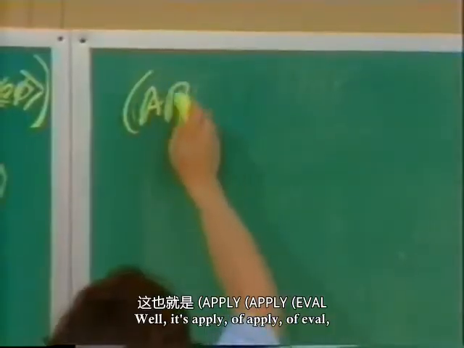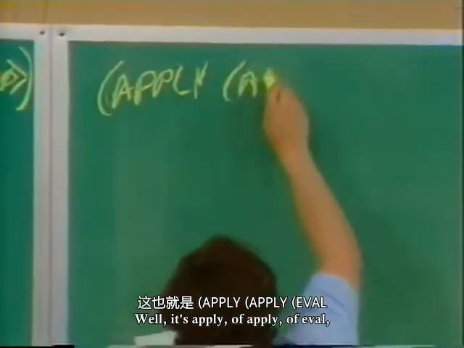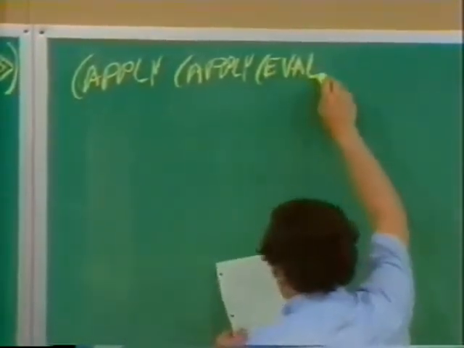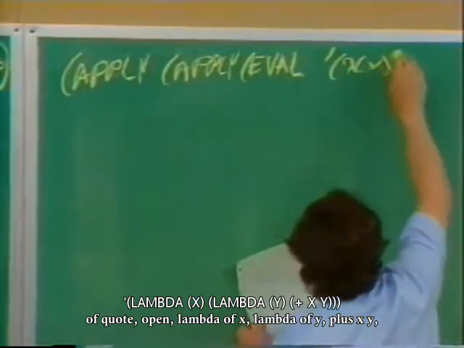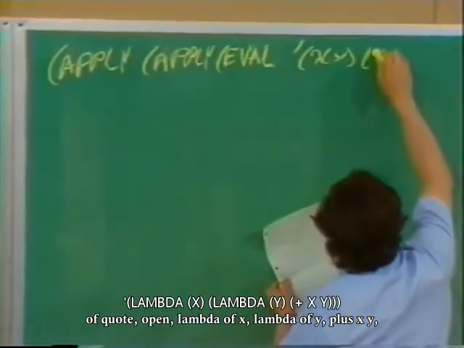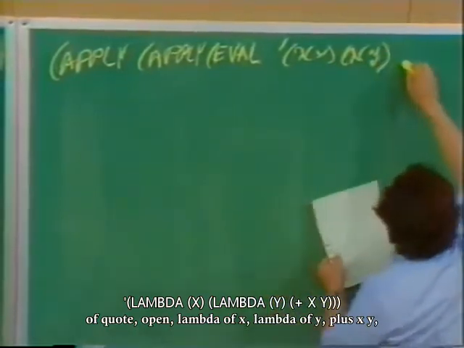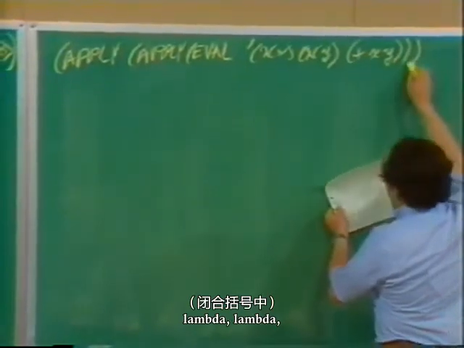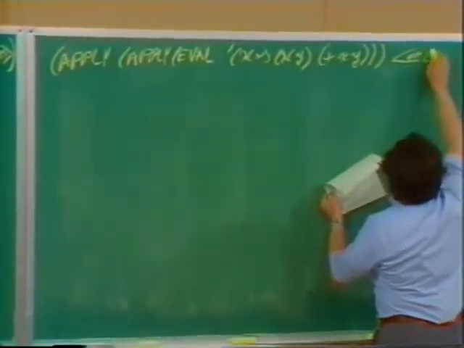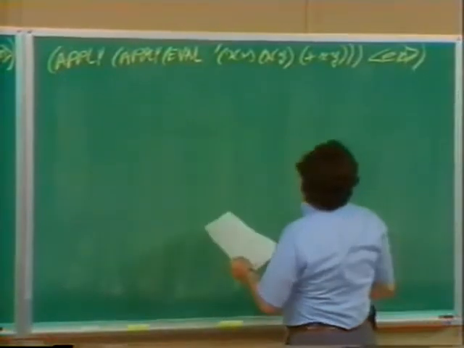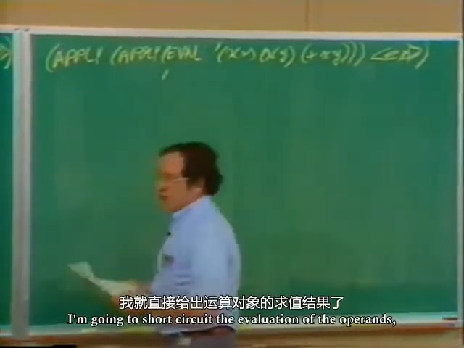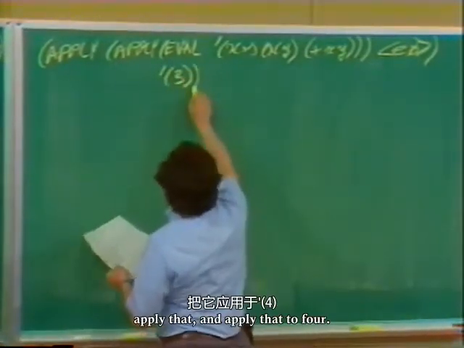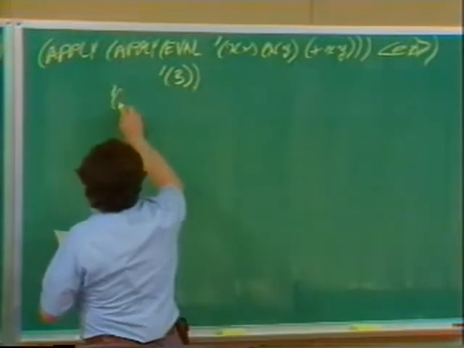Now it's apply of eval of, quote, open lambda of x, lambda of y, plus x y, in environment E0. I'm going to short circuit the evaluation of the operands because they're the same as they were before. I got a list containing 3. Apply that, and apply that to 4.